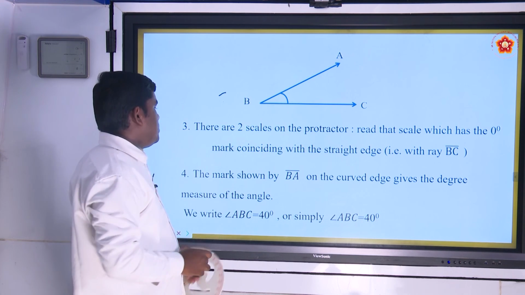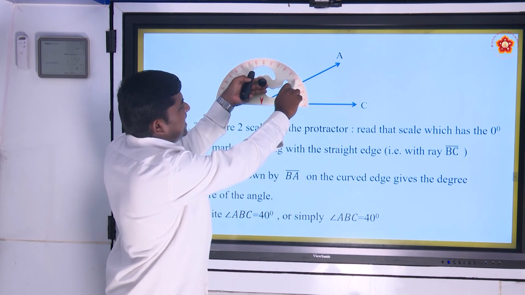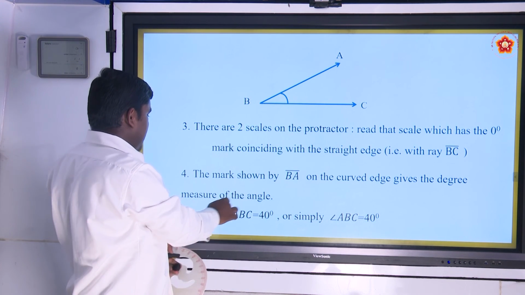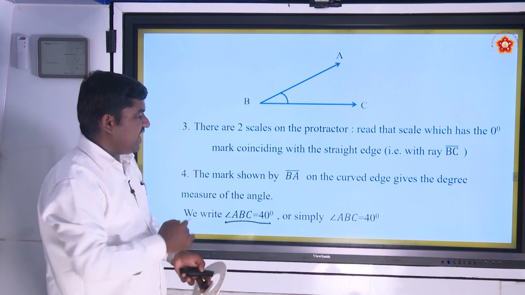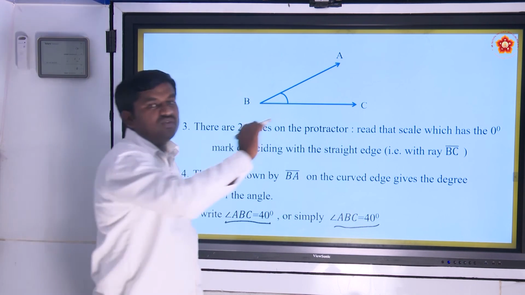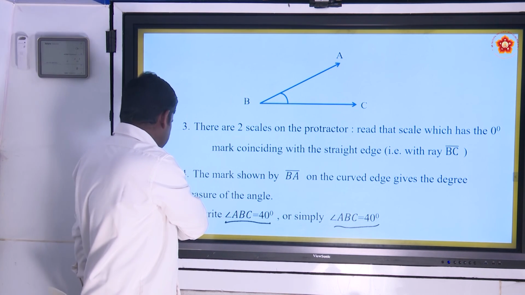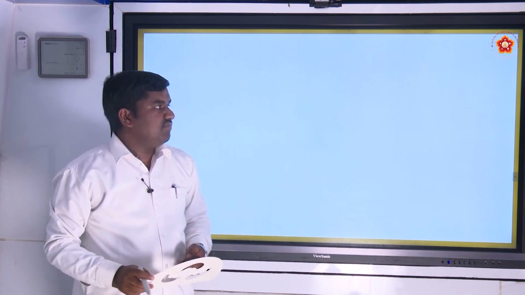Suppose BA shows 40 degree, then we write that angle ABC is equal to 40 degree, or simply angle B is equal to 40 degree. This is the way of measuring an angle.